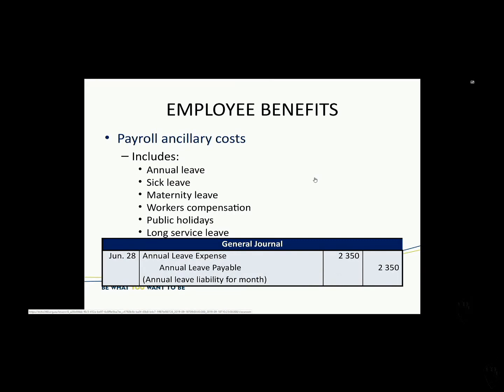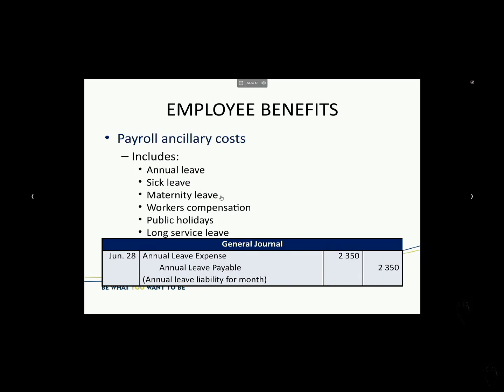You also will know that there's also employee ancillary costs that are accrued. Now, annual leave, sick leave, maternity leave, workers' compensation, public holidays, and long service leave. In Australia, employers must, for permanent employees, provide 4 weeks annual leave. They must provide sick leave.